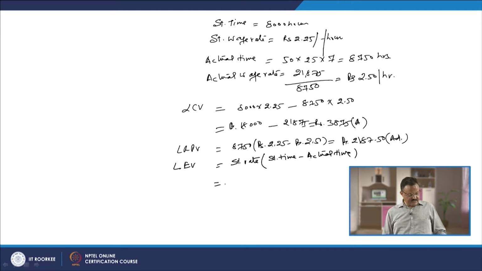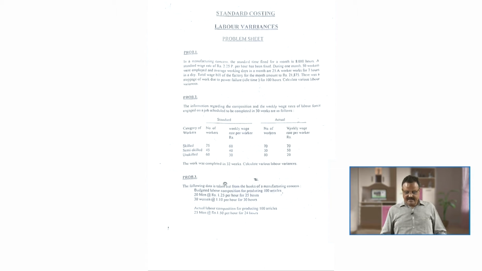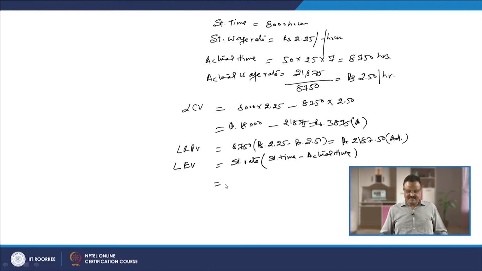We have two per hour rates available with us, which we calculated in the previous class. Standard rate is given to us, that is 2 rupees 25 paisa, and the actual per hour rate we worked out was 2 rupees 50 paisa, right. So, standard rate is 2 rupees 25 paisa.